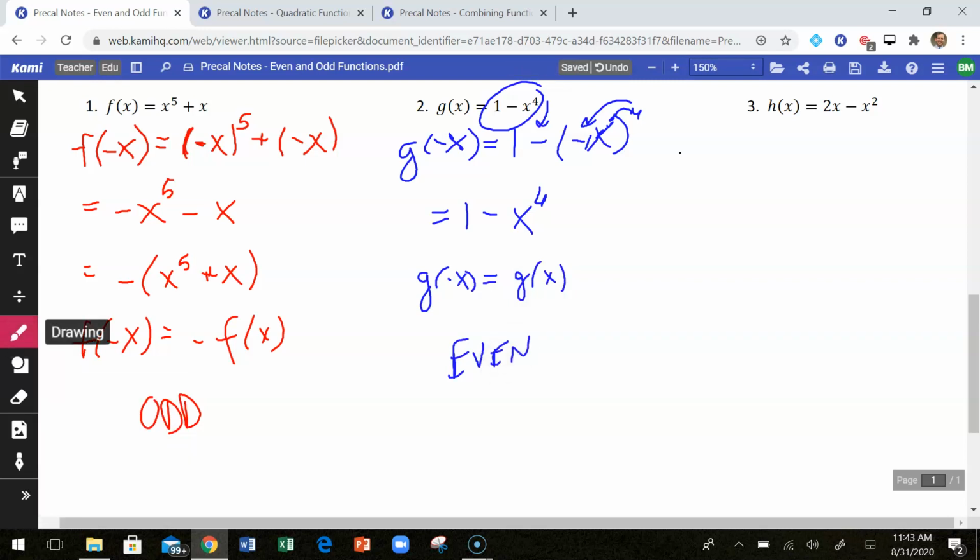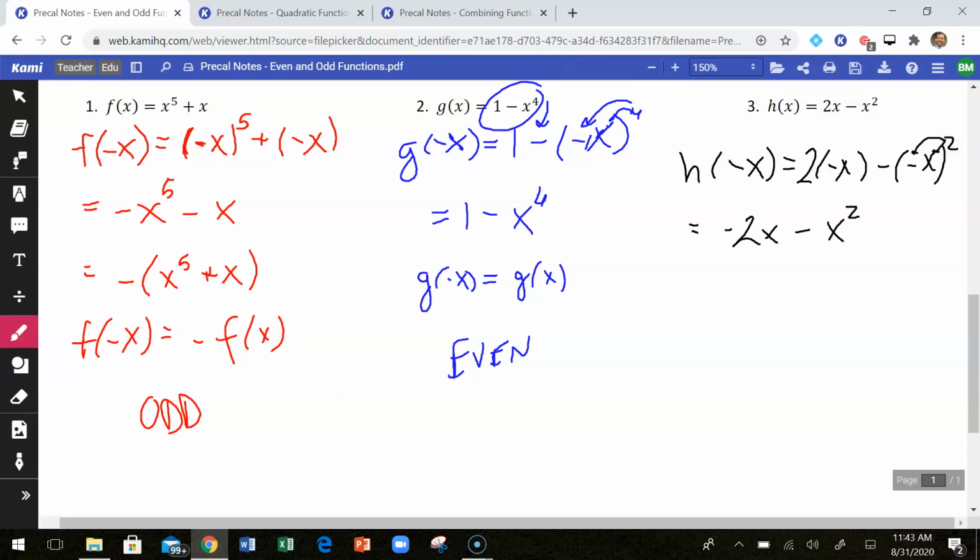And the last one, if we're going to do h of negative x, we're going to get 2 times negative x minus negative x squared. So 2 times negative x is going to be negative 2x minus, if I square that negative 1, that will turn positive, x squared. So I didn't get the original function.